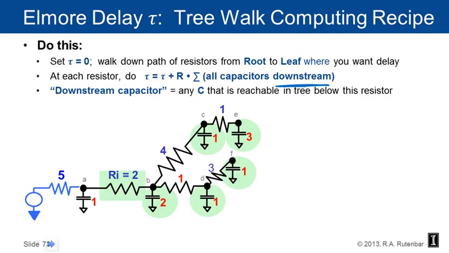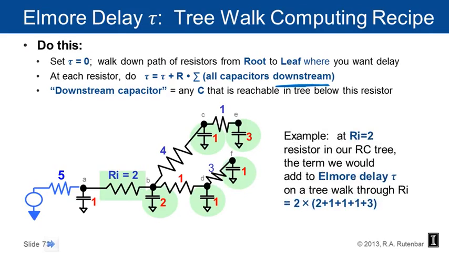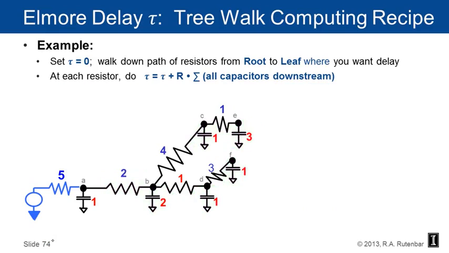Any current going through resistor Ri equals 2 could end up on capacitors at nodes B, C, D, E, or F. So you're going to take Ri as 2 and multiply it by 2 plus 1 plus 1 plus 1 plus 3. You're going to add that term, and you're going to keep doing this computation. So simple as that. This is just the version in words. At Ri equal to 2, the resistor of the tree, the term we would add to the Elmore delay is 2 times 2 plus 1 plus 1 plus 1 plus 3.